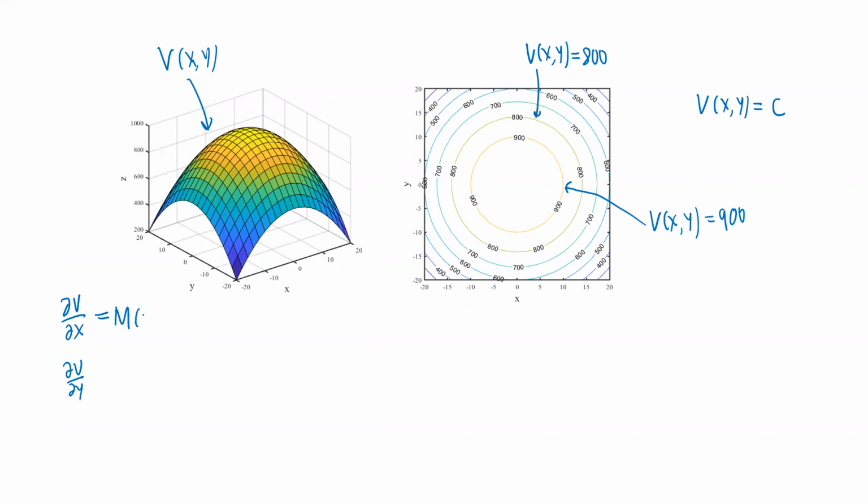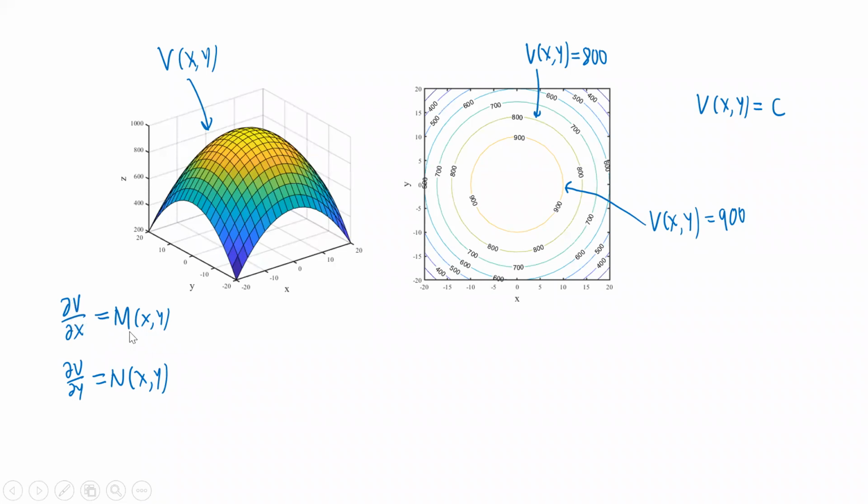So let me call this M(x,y), and this N(x,y). So I give you the form of M(x,y) and the form of N(x,y). I don't directly tell you what V is, and I want you to find the contour lines equation.